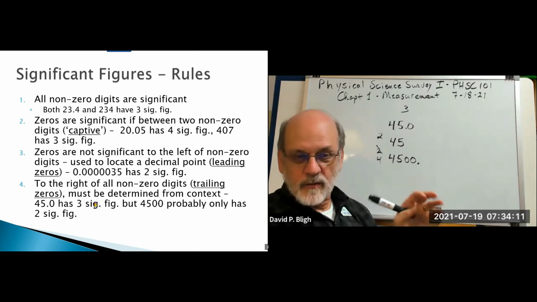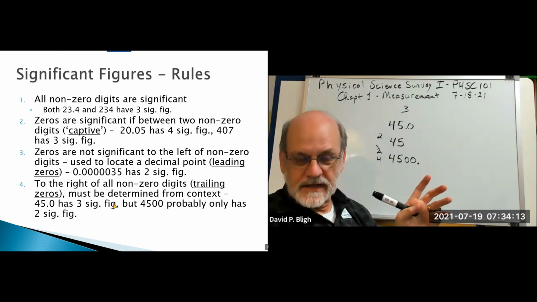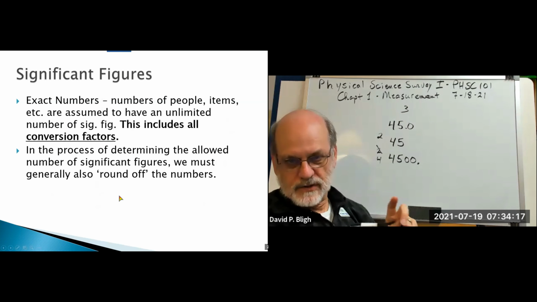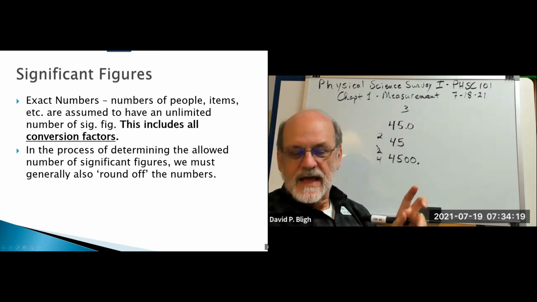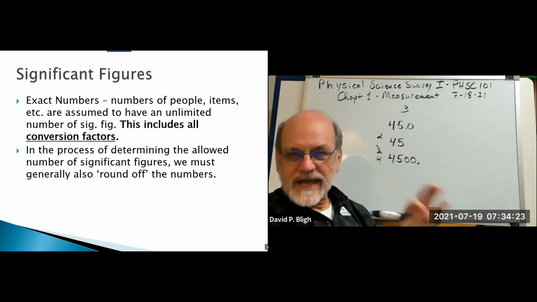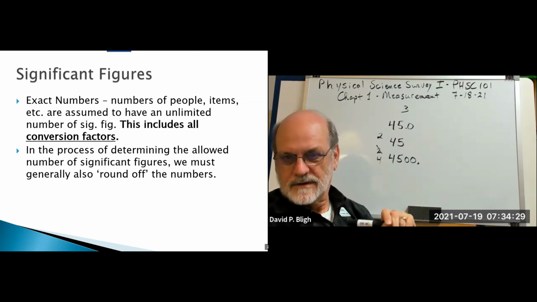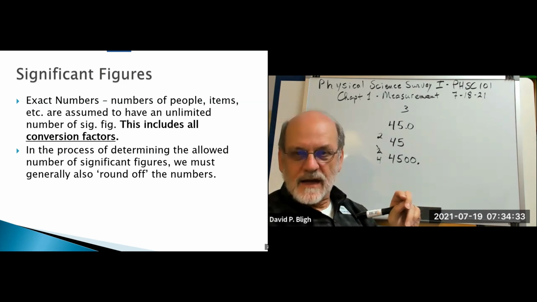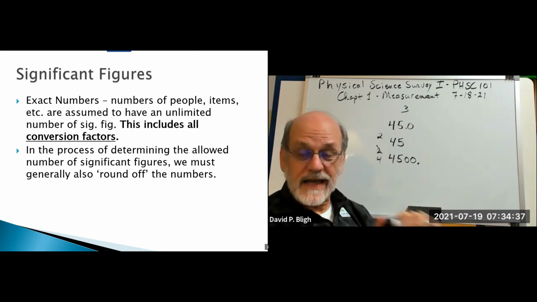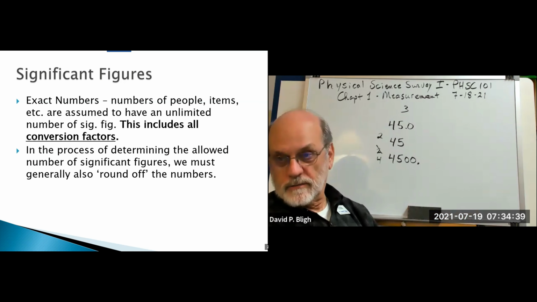All right, now that we know how to define significant figures, oh, there's one more, excuse me, exact numbers. Exact numbers are either counting numbers, like have 5 people or 6 pencils. Those are exact numbers. And those exact numbers have infinite significant figures. In other words, if they're in a calculation, you can ignore them.